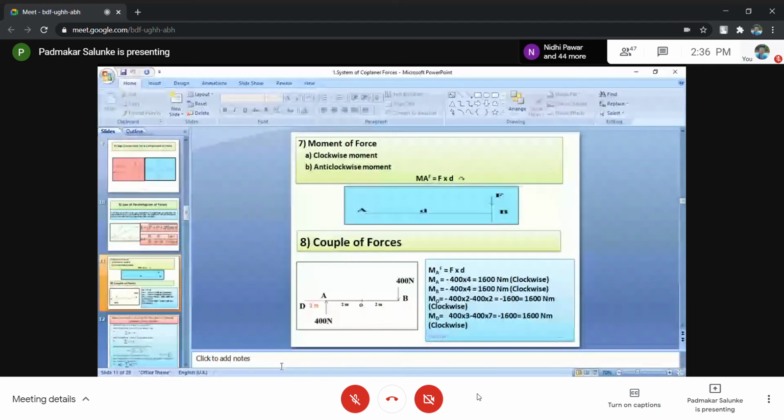In moment, only one force is acting, and the body is supposed to be rotating about a point. Whereas in couple, two forces are acting, two unlike parallel forces of the same magnitude, and the body is supposed to be rotating about the center point or centroid or central point.